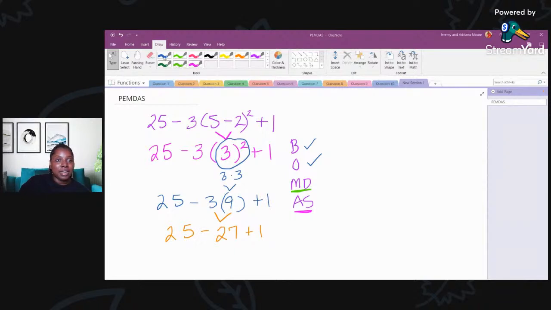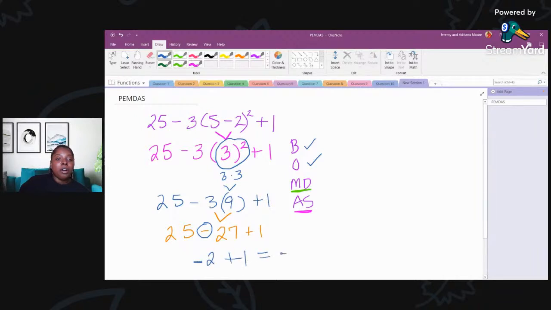So now again, if you wrote it differently, you see the A and the S, but remember they're equal. So subtraction shows up first, so we do that first. 25 minus 27 is -2.